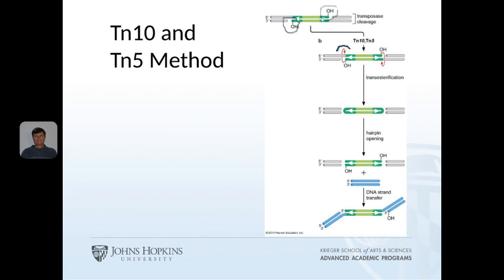And that's represented by these red arrows here. A DNA hairpin structure, which you can see here, is formed and the ends are opened by the transposase to create the typical double-strand DNA break. So here's the hairpin opening by the transposase. DNA strand transfer follows the formation of the double-strand break.